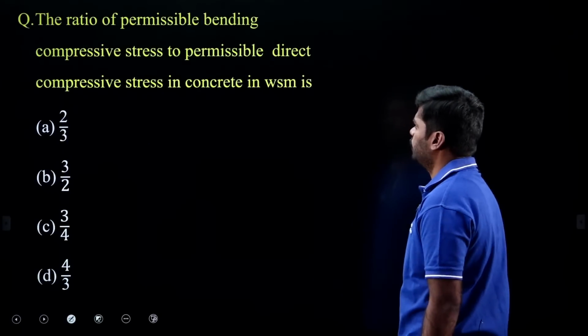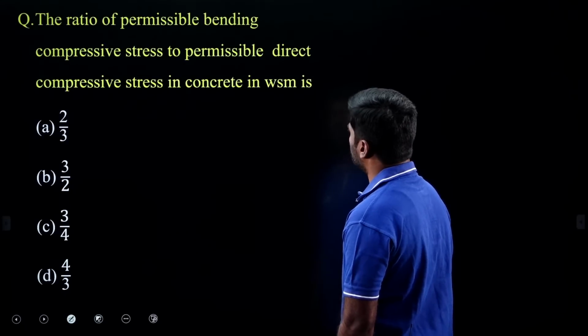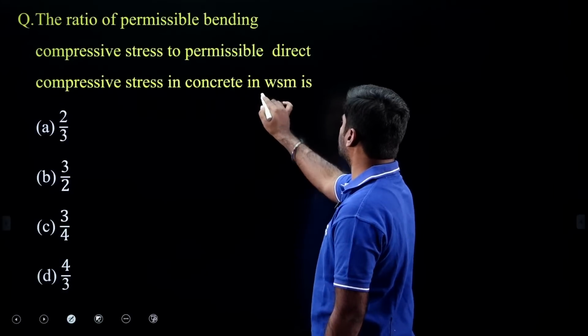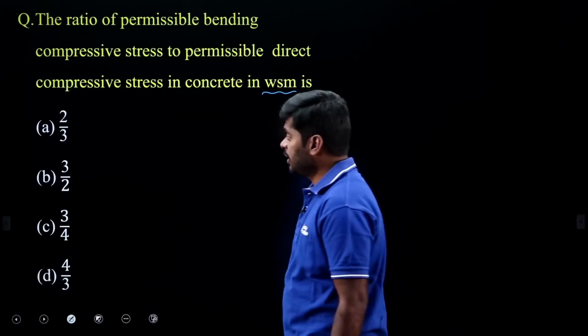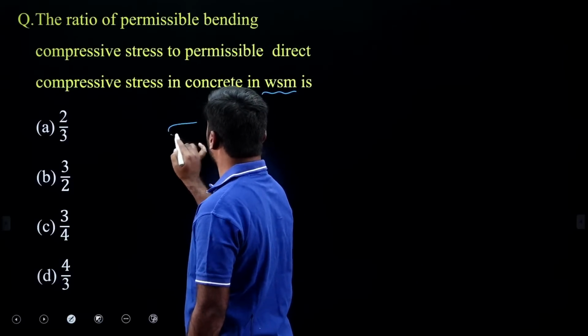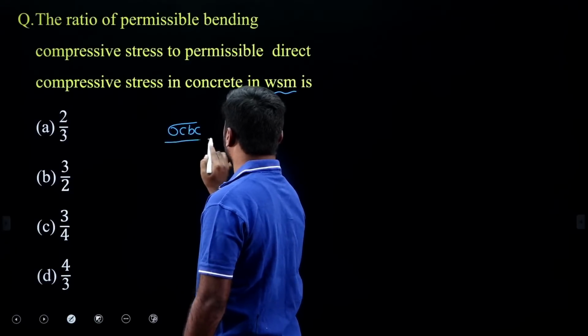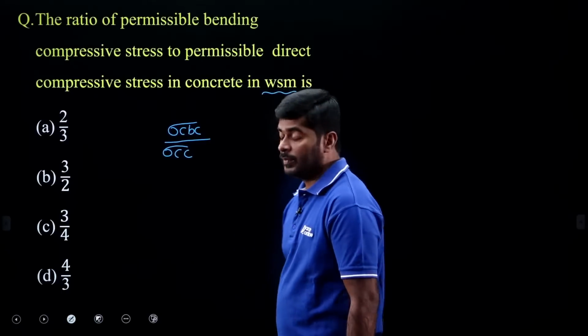Then move to next question. The ratio of permissible bending compressive stress to permissible direct compressive stress in concrete in working stress method is, the question is, what is the ratio of permissible bending compressive stress to permissible direct compressive stress in concrete?